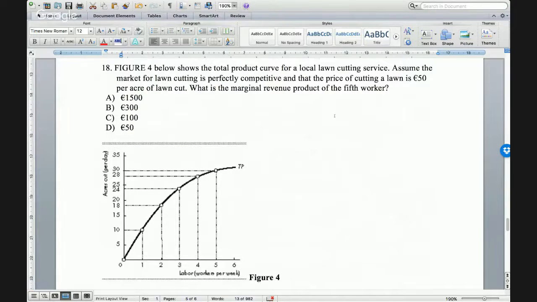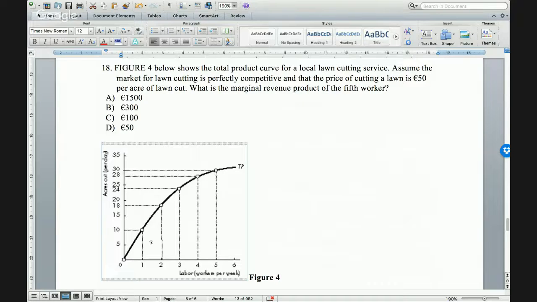Okay. So assume the market for lawn cutting is perfectly competitive and the price of cutting a lawn is €50 per acre. Okay, so it's €50 per acre to cut. The marginal revenue product of the fifth worker. Okay, so here's your marginal revenue. The marginal revenue is shown here, or if you just want to use the word marginal, this is point to point is your marginal, or anything additional.